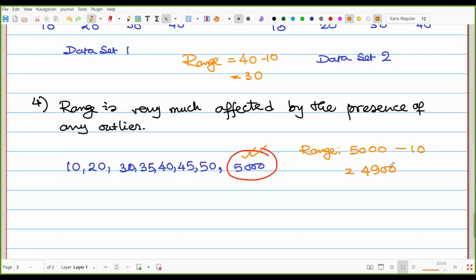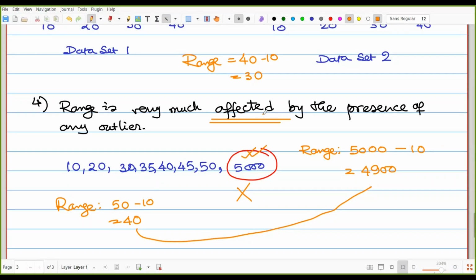But if the outlier is not present, then the range becomes 50 minus 10, or 40. That is quite different from the range with the outlier. So range is very much affected by the presence of any outlier.